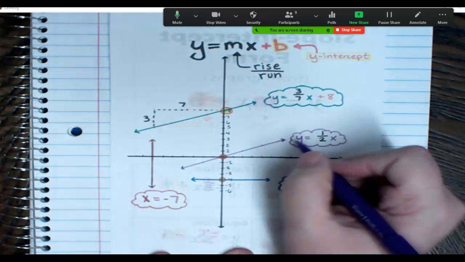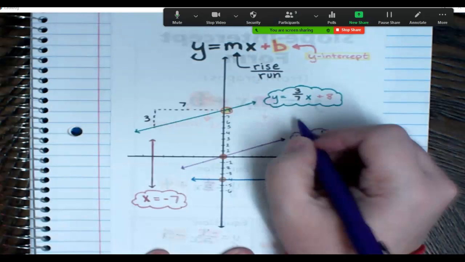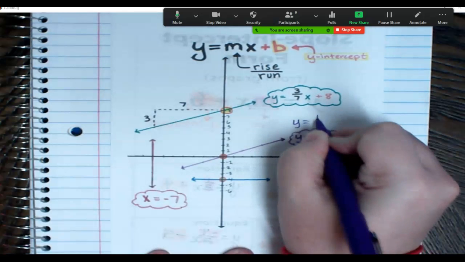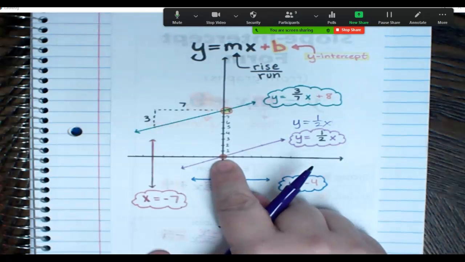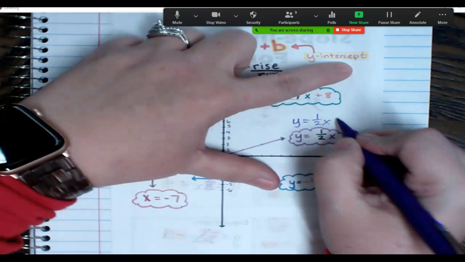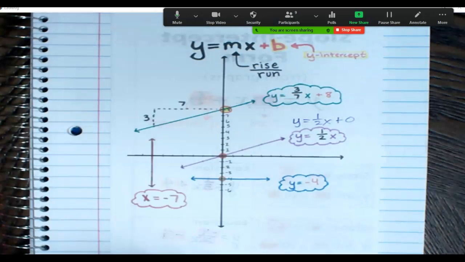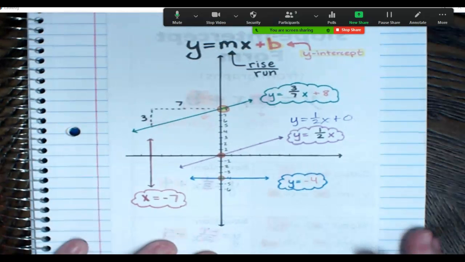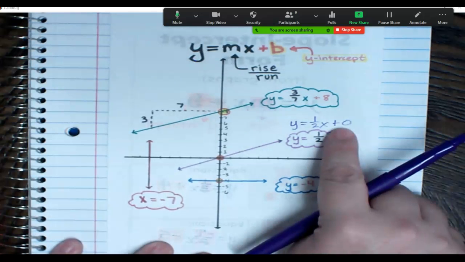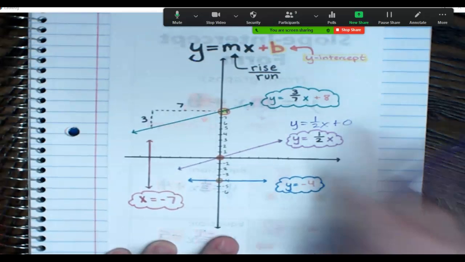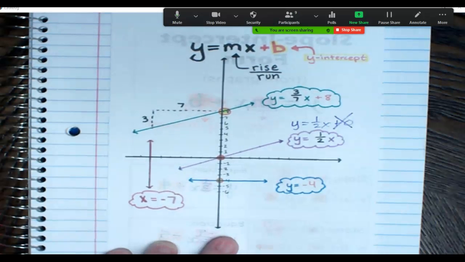Let me show you what they did. If I were to rewrite this with the y-intercept, y is equal to 1/2 x, because we know that's the slope. Well, where did it cross? So that would be +0, right? Well, if I have like 3 + 0, do I really need to say +0? So what they do is they just drop it.